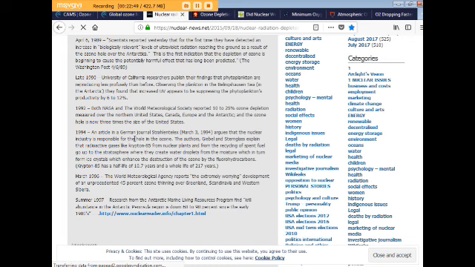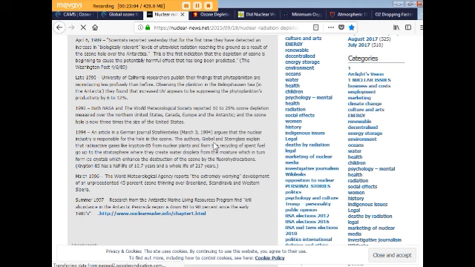1994, an article in the German journal Strahlentelex, March 3, 1994, argues that the nuclear industry is responsible for the hole in the ozone.